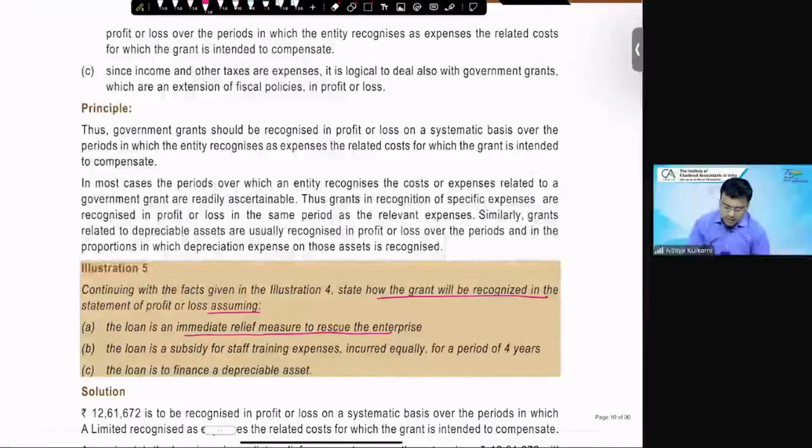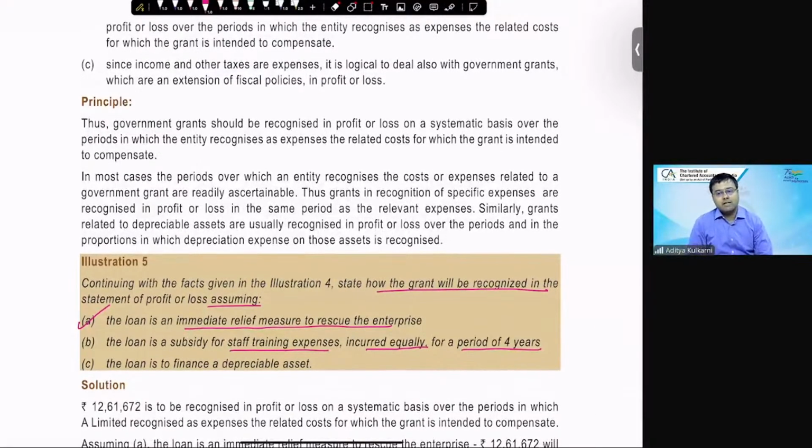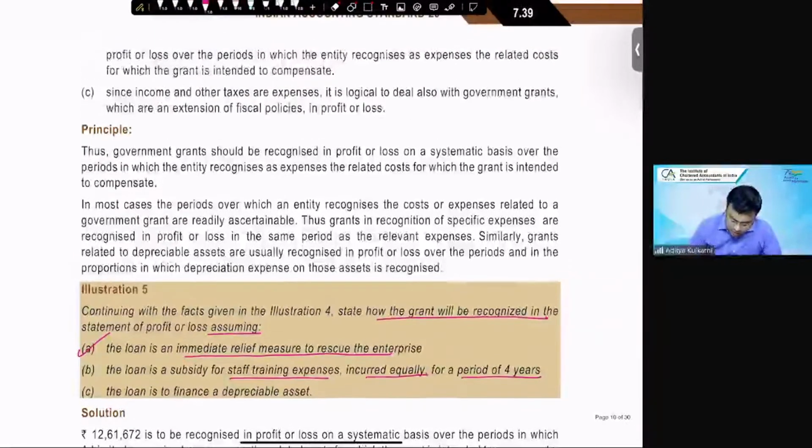The loan is a subsidy for staff training expenses incurred equally for a period of 4 years. So recognized over a period of 4 years, amortized over a period of 4 years. Absolutely right. And if the loan is to finance a depreciable asset, this is something.